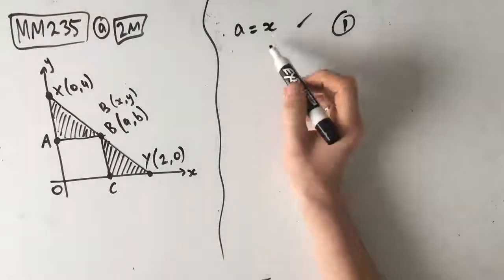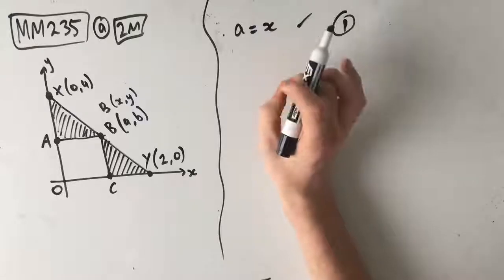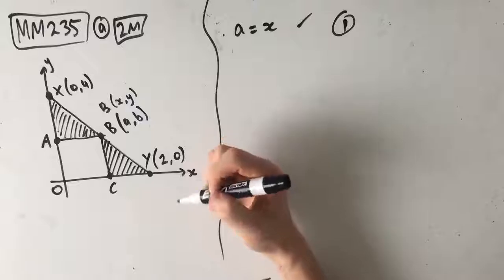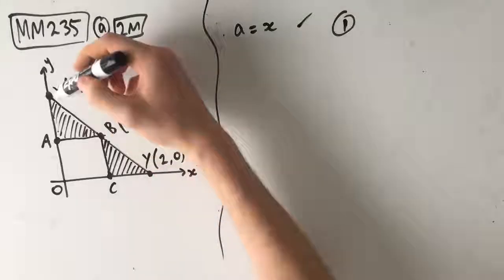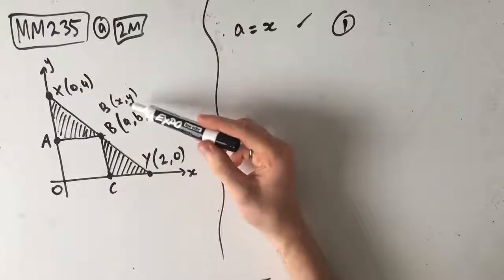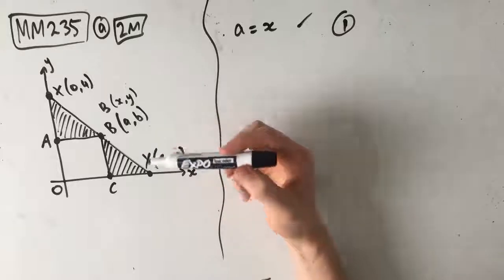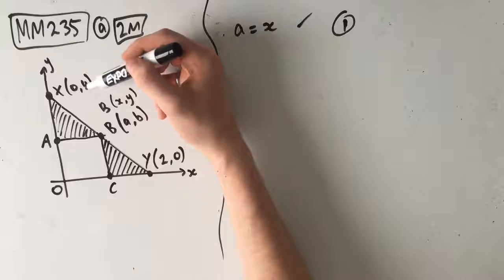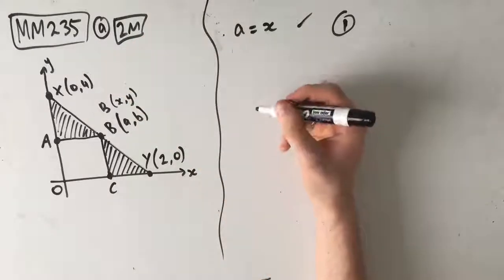So this part of it is quite straightforward, but our second mark is going to come when we find b in terms of x. So how do we do that? Well, firstly, we need to find the equation of this line in order to figure out our y value based on our x value, right? In order to figure out the equation of a line, we need our gradient and our c value, okay?